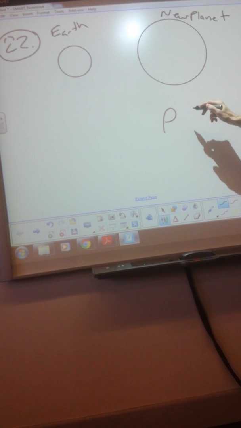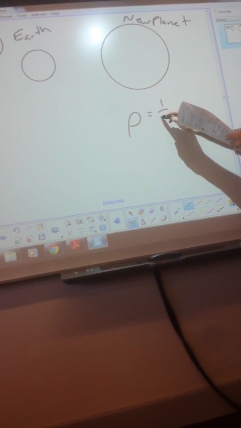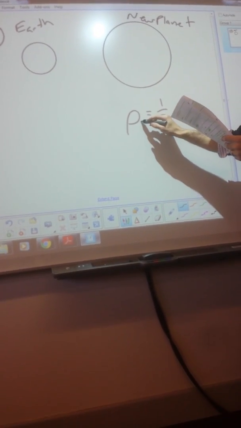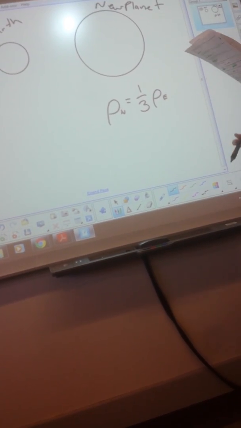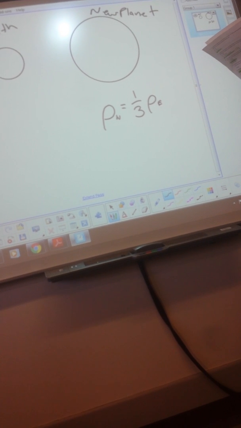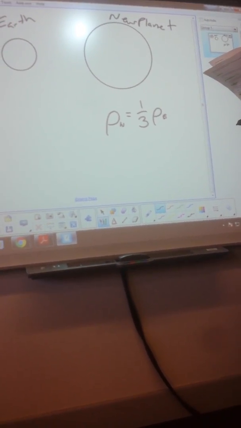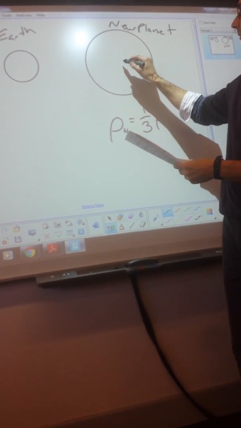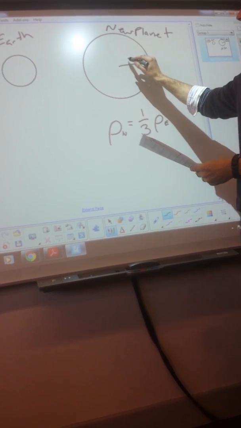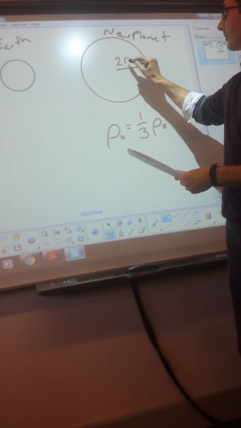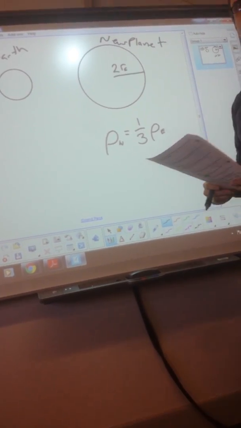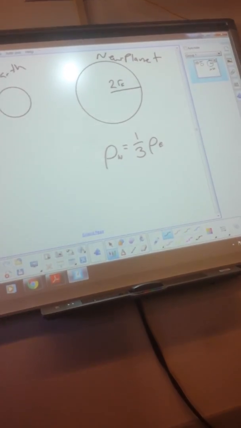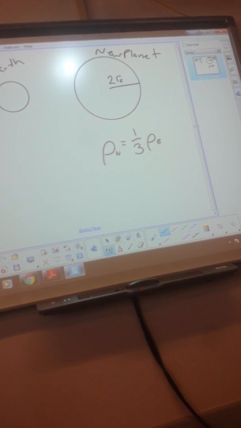The density over here is 1/3 of the Earth's density, and the radius here is 2 Earth radii.